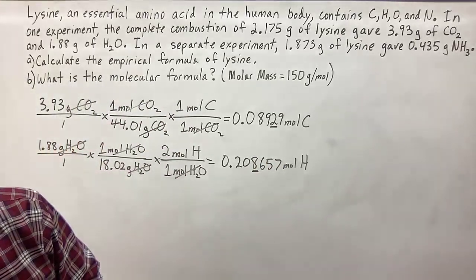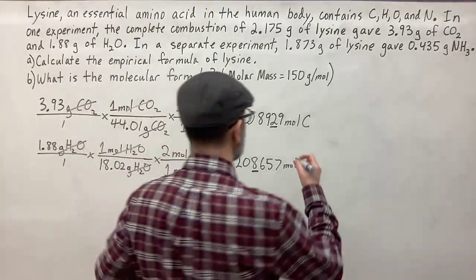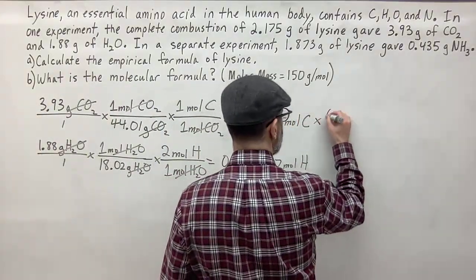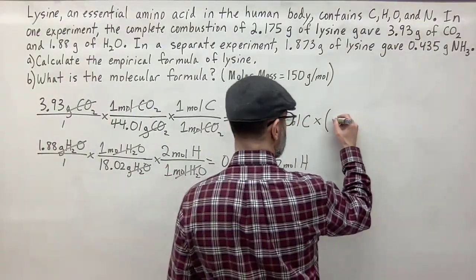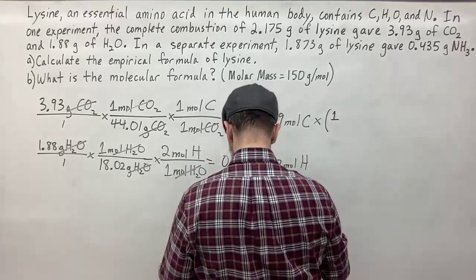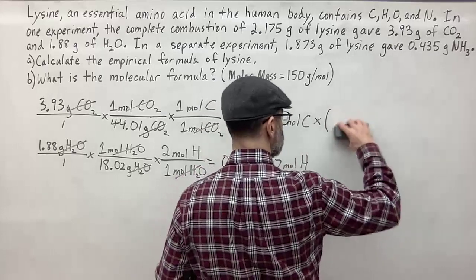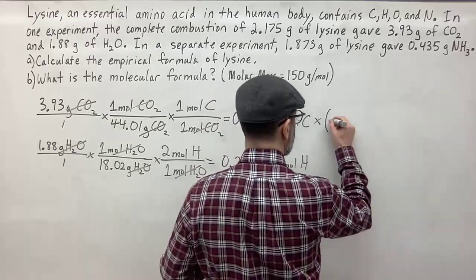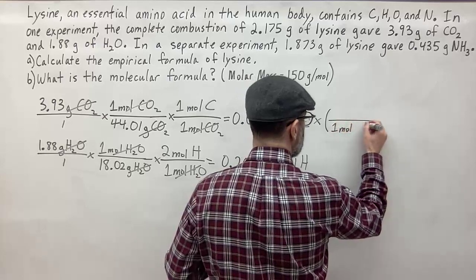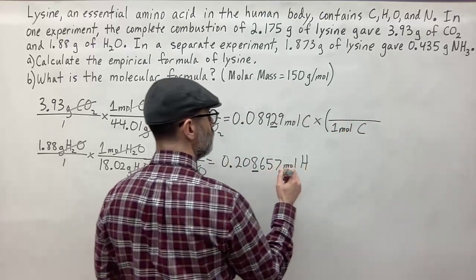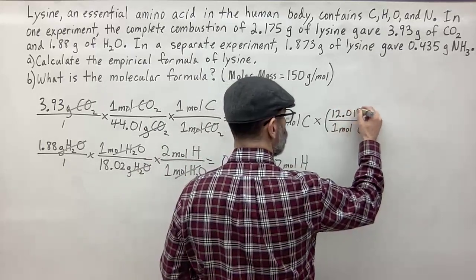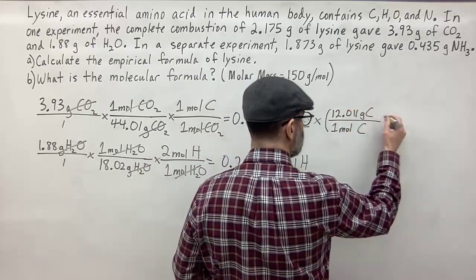So when I do that, I'm going to use the molar mass of carbon as a conversion factor. So 1 mole of carbon on the bottom, and you got 12.011 grams of carbon on top.